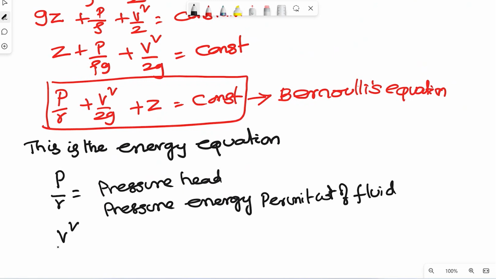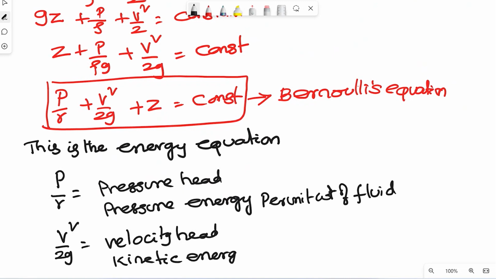Then v squared by 2g is called velocity head, and it is called kinetic energy per unit weight of fluid.